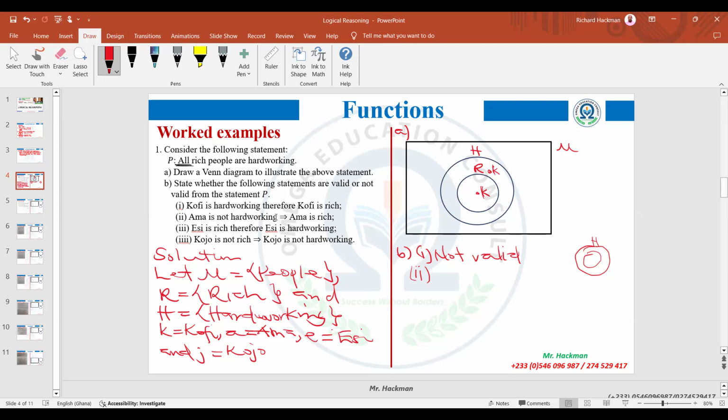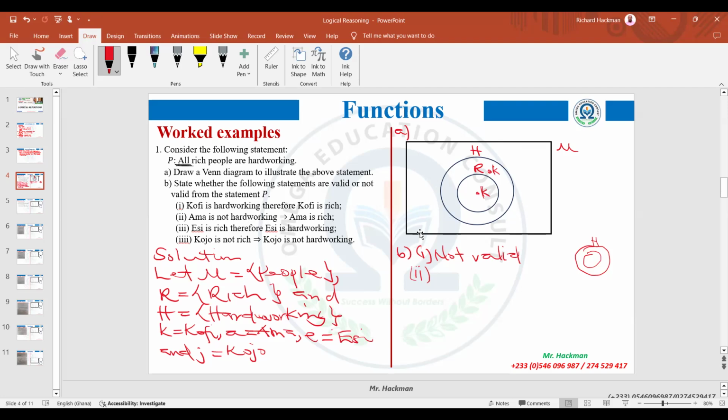So now let's see, what do we have? We have Ama is not hardworking. If Ama is not hardworking, can Ama be in the circle for H? No, please. So Ama is supposed to be outside the circle for H, anywhere outside H. Is that not it? Yes.